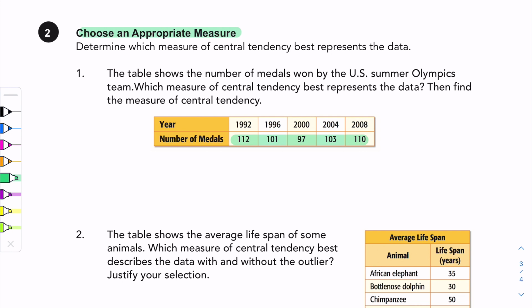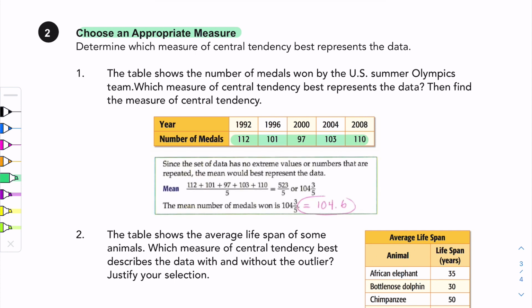I'm just going to drop in my answer right here, which explains why I would use the mean. Here is my description of the reason why I would choose the mean. And once I find the mean, I end up with 523 over 5, which divides out to 104.6 as my mean value.